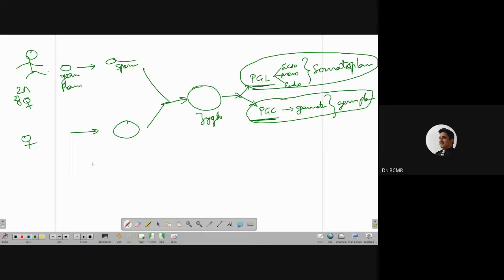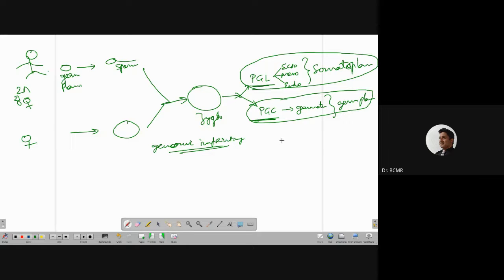So what we are discussing right now is about the cycle of genomic imprinting. When is this imprint made? I'm not going to discuss the importance of it and other things, but because we want to discuss how to study genomic imprinting.